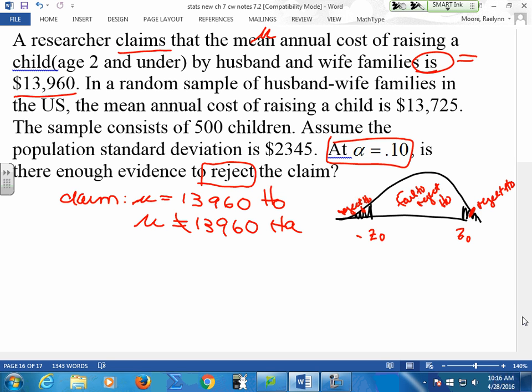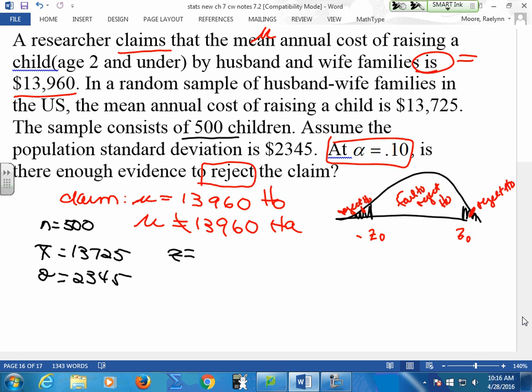A random sample that consists of 500 children. They found the mean cost to be 13,725, and they found the population standard deviation to be 2345. They want to know, is there enough information to reject this claim? Okay, so z-score.